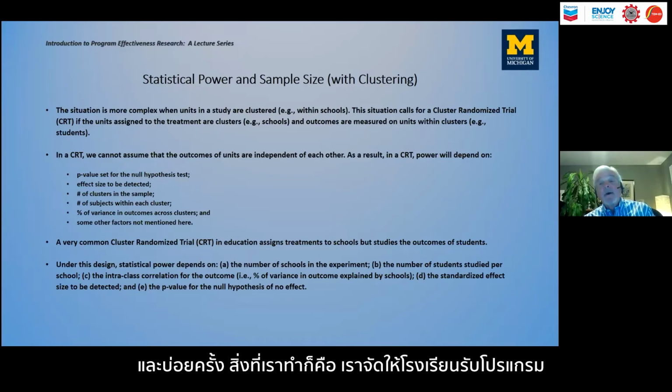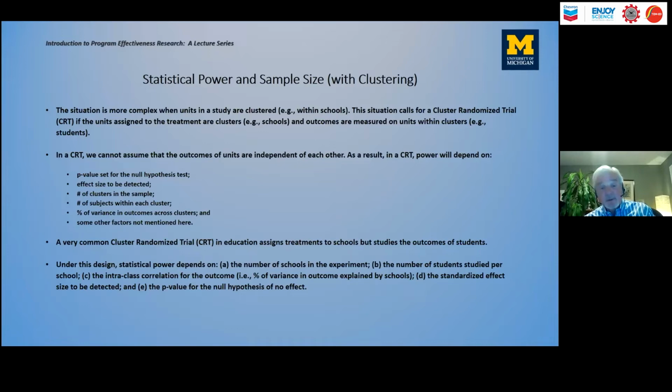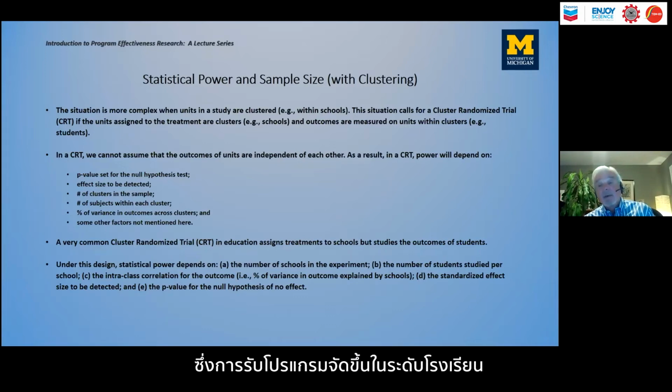And often what we do is we assign the treatment to schools, but we want to study the outcomes for students. And so this is called a cluster randomized trial, where the treatment is assigned at the school level, but the outcomes are investigated at the student level.